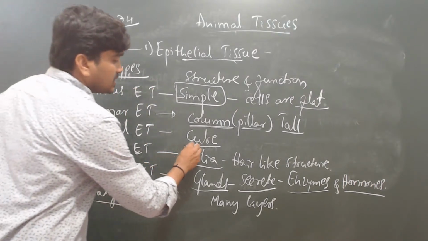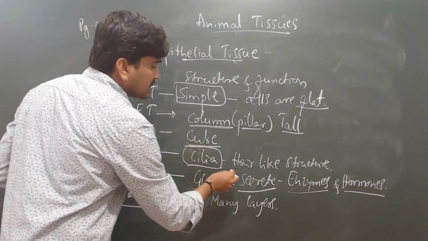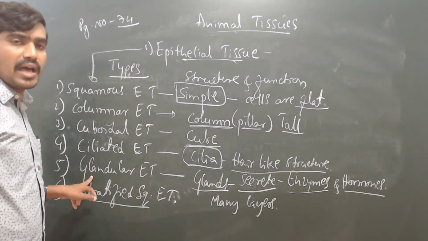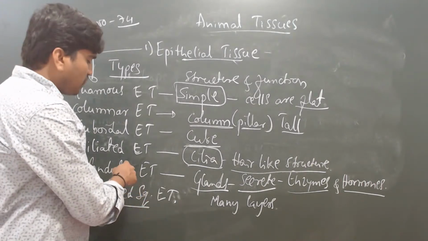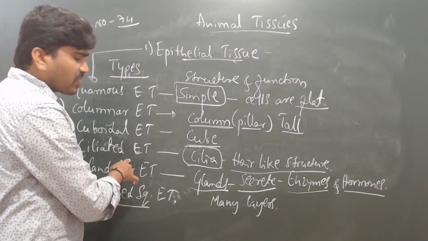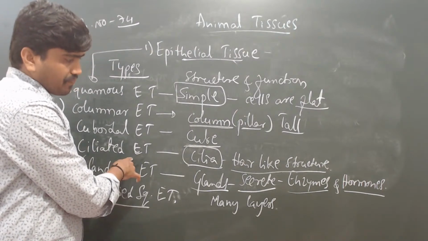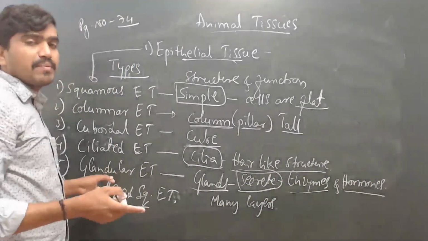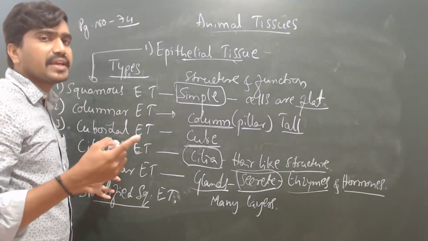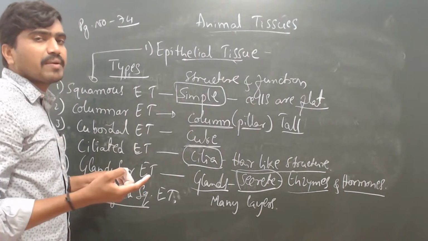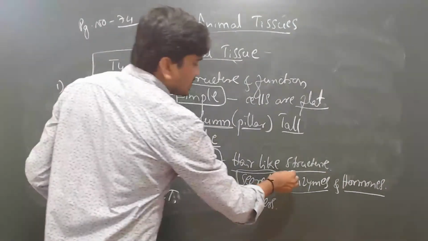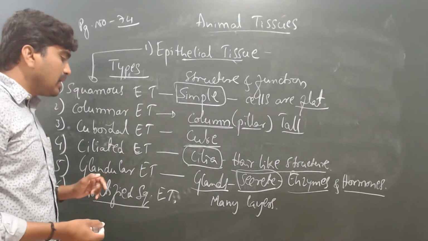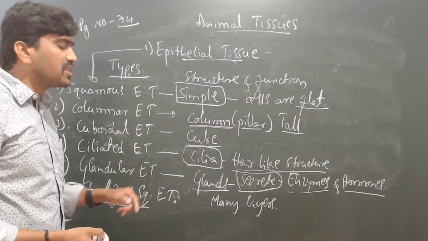Ciliated, cells that contain cilia. Cilia are nothing but small hair-like structures. Glandular, glands are made up of glandular epithelial tissue. Function is secretion of chemical substance, like enzymes and hormones. Then last one, stratified squamous epithelial tissue.